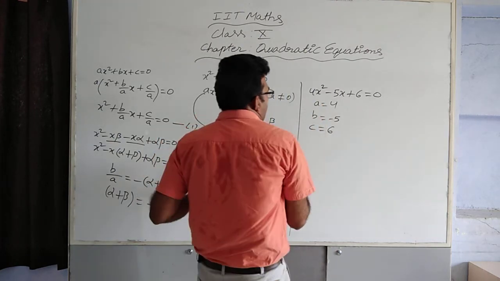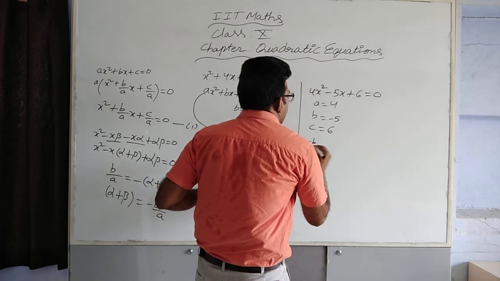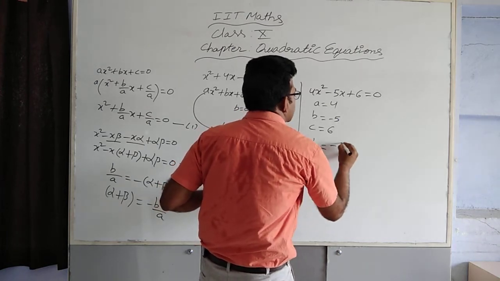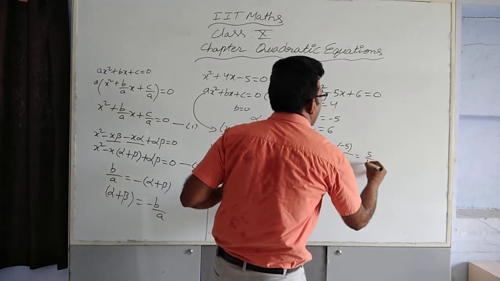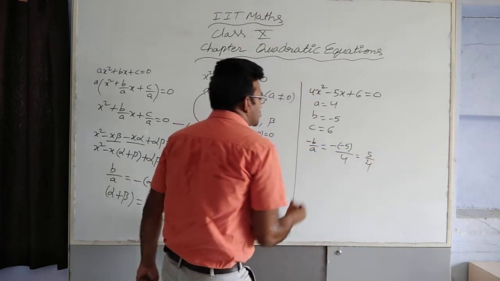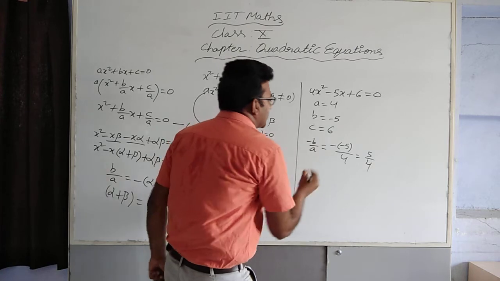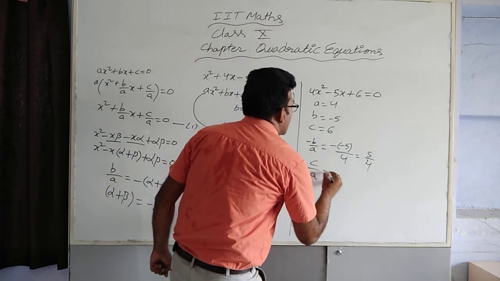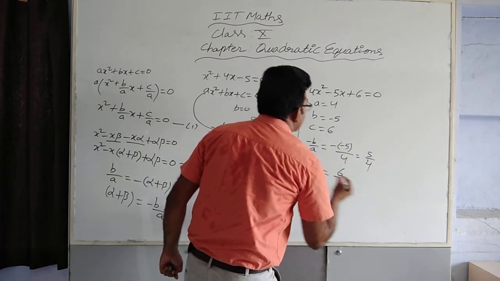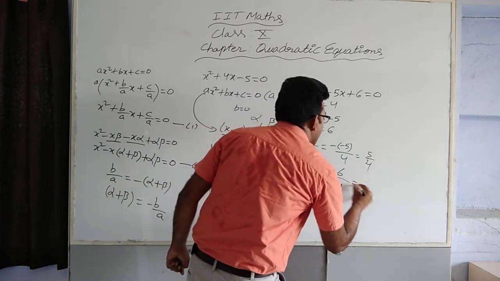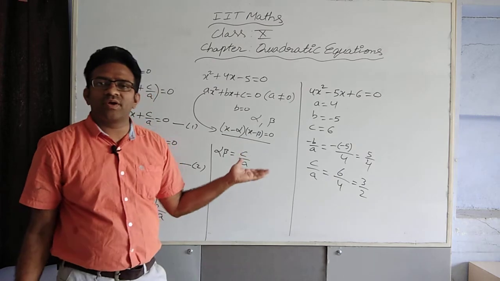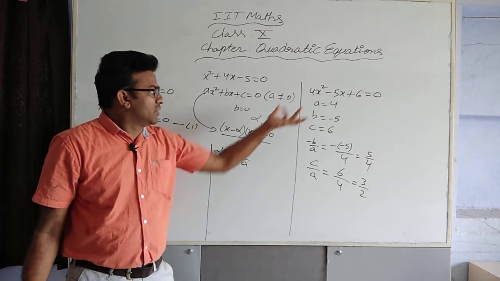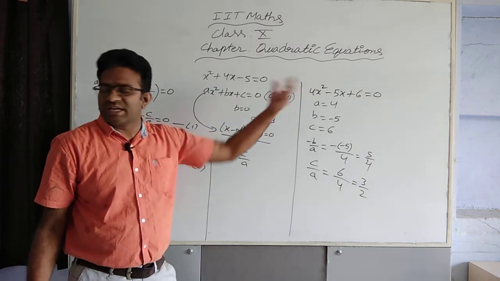Sum of the roots is minus b by a, that means minus of minus 5 by 4, which is equal to 5 by 4. Next, the product of the roots alpha into beta is c by a. What is c here? 6. And a is 4. So in simplest form, 3 by 2. This is the way we find the sum and product of the roots from the given quadratic equation.